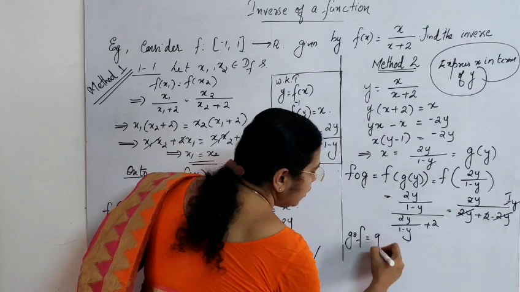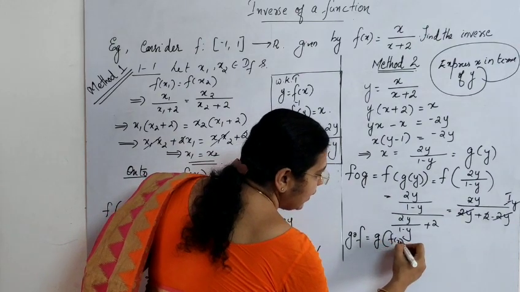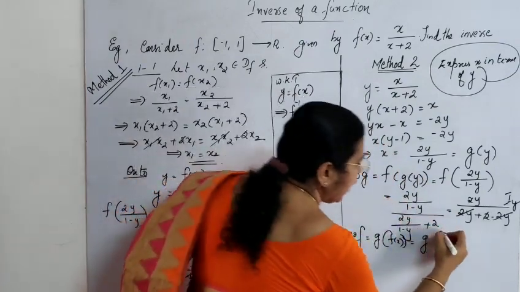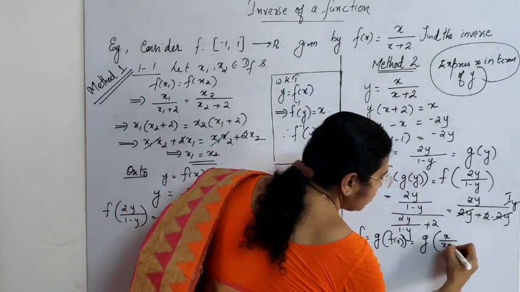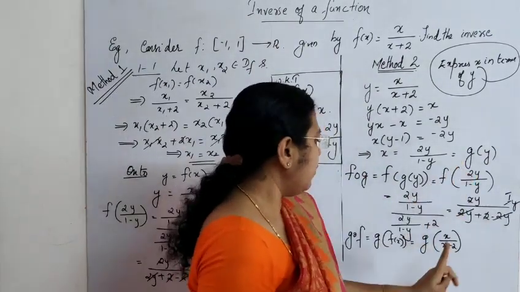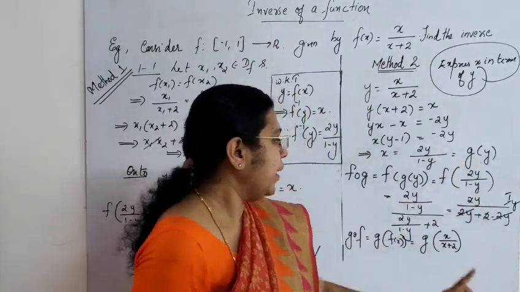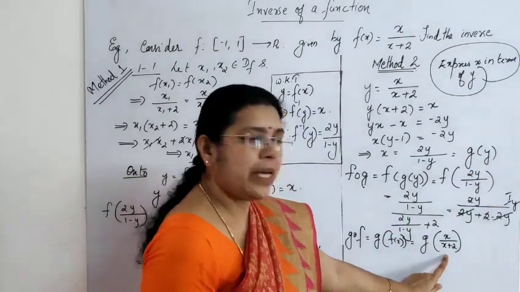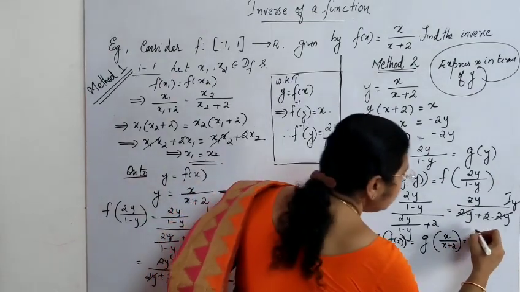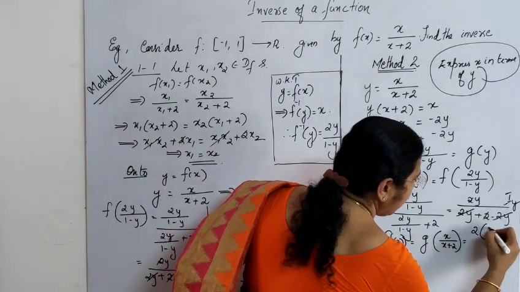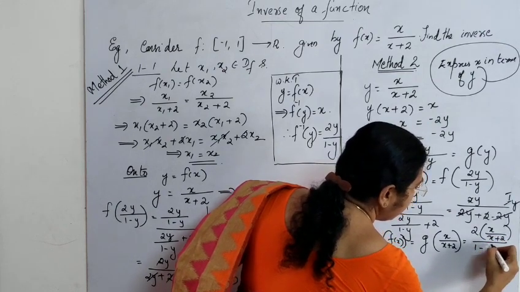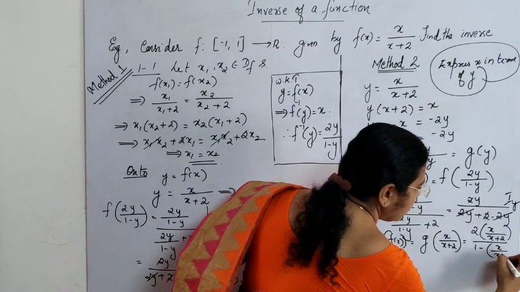Now what is GOF? GOF means g of f of x, right? f of x is x by x plus 2. Now substituting this in g of y, in the place of y, I'll write x by x plus 2. This gives me 2 times x by x plus 2, divided by 1 minus x by x plus 2.